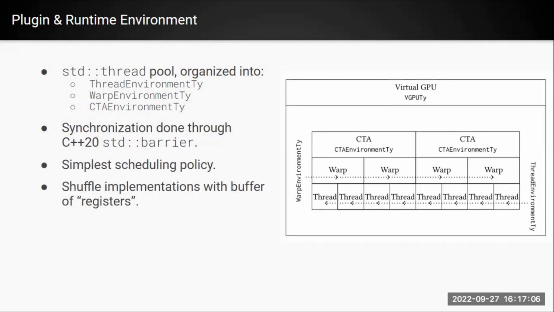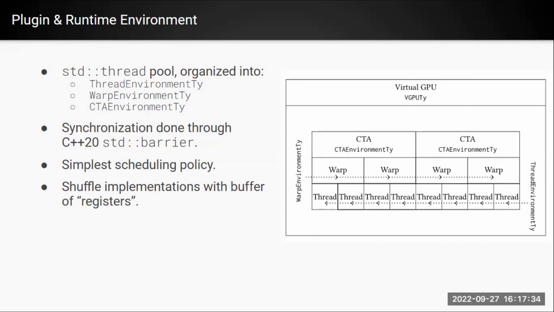GPU-specific things like shuffles, where you move data from a register in one thread to a register in a different thread, are implemented through explicit schemes that take a value, put it into a temporary shuffle buffer, buffer it, and move it out. So everything is a little expensive, but we really try to emulate the same model and we use the same runtime.